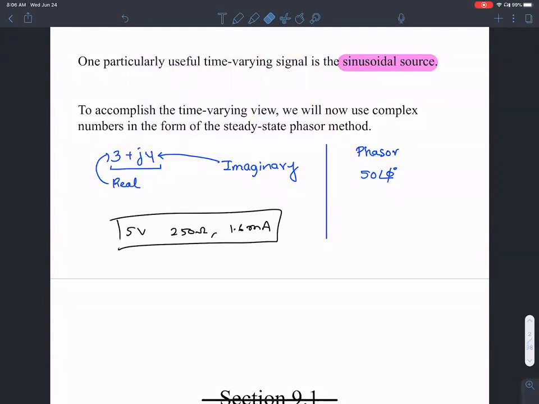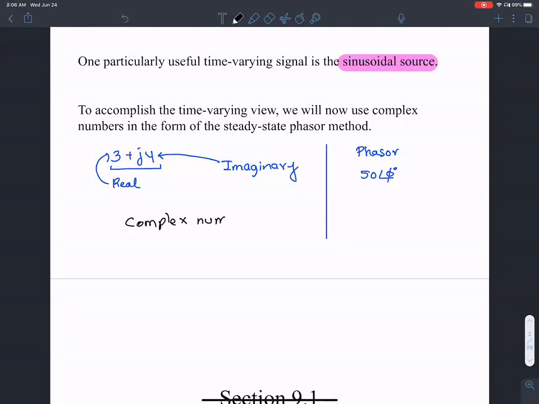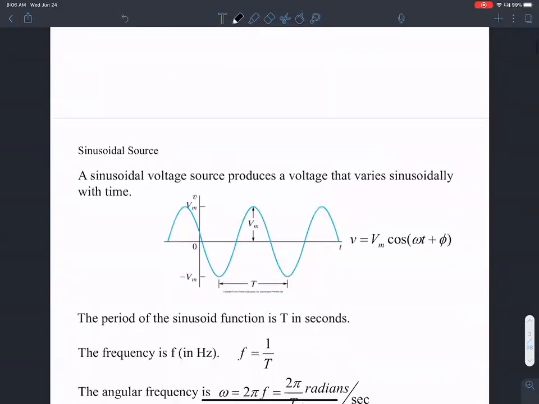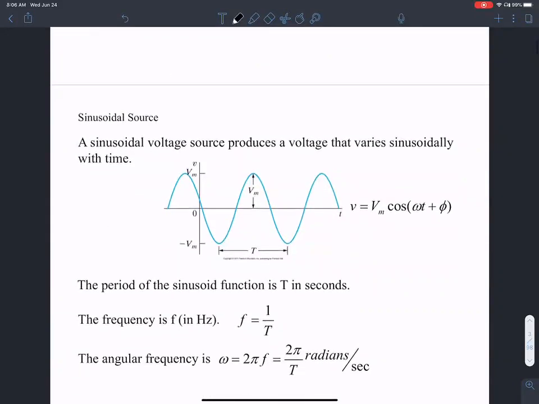From here on out, we'll also be making use of imaginary numbers, complex numbers, and of course, phasors.